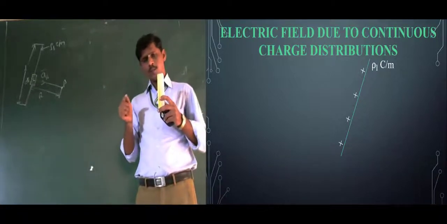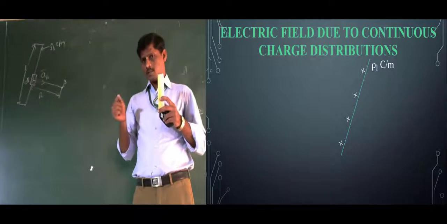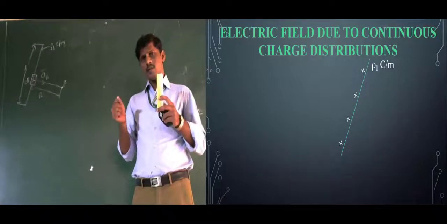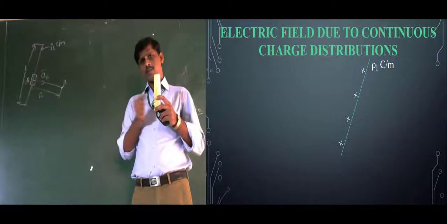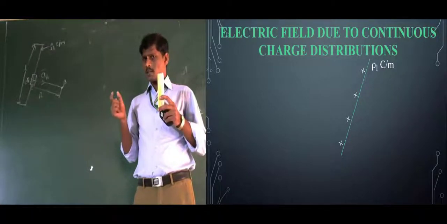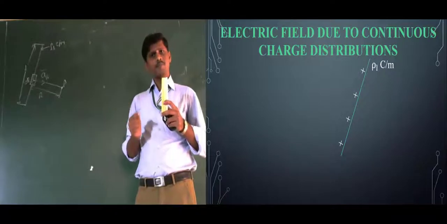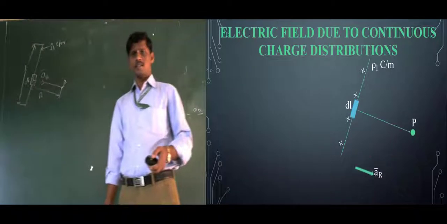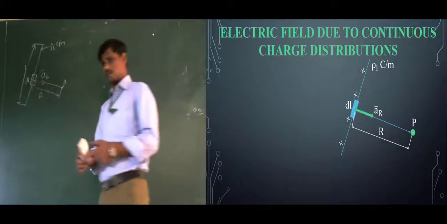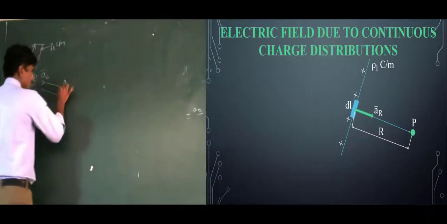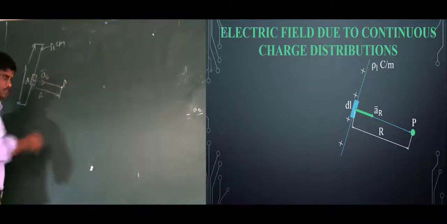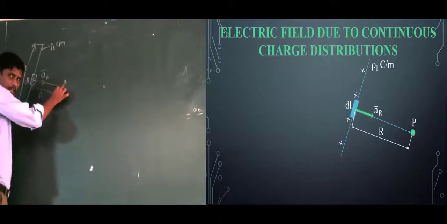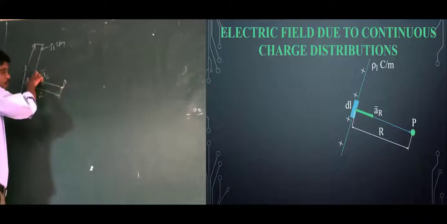Consider point P perpendicular to the line charge, and draw the vector line from the elementary length to point P. The distance between the elementary length and point P is capital R, and along that direction the unit vector is aR. So now we want to calculate the electric field at that point, and this is a positive line charge.